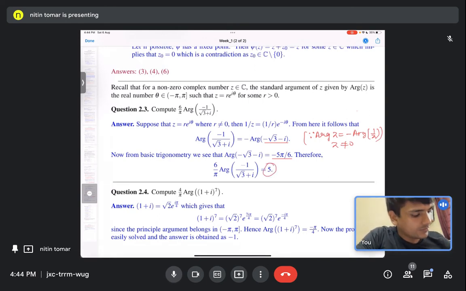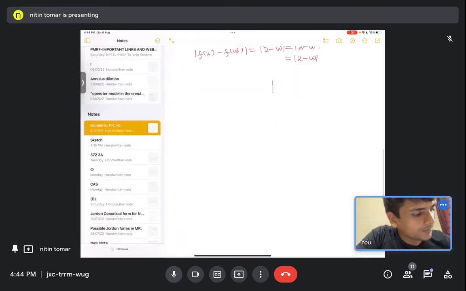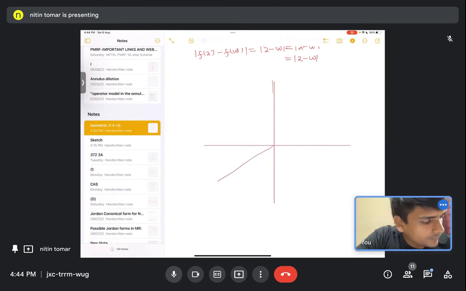See why, we have to compute this argument, right? We have to compute the argument of minus root 3 minus iota. So your minus root 3 will be somewhere here and minus iota will be here. Now the argument belongs to minus pi to pi, right? So half of the angle you measure in this direction and half in this direction.